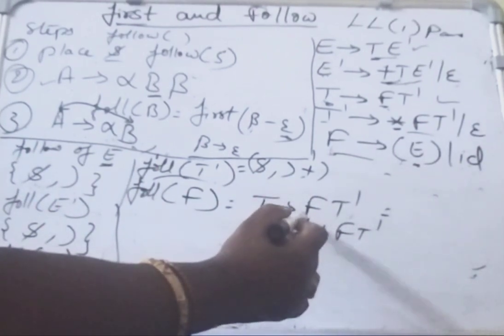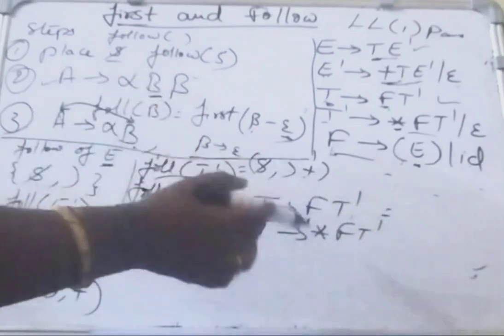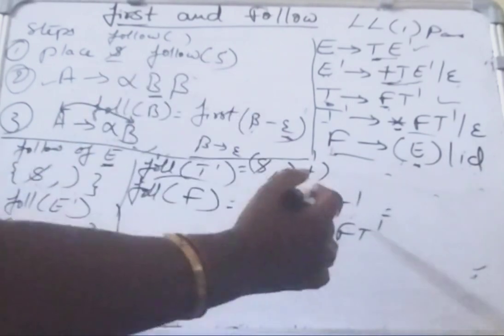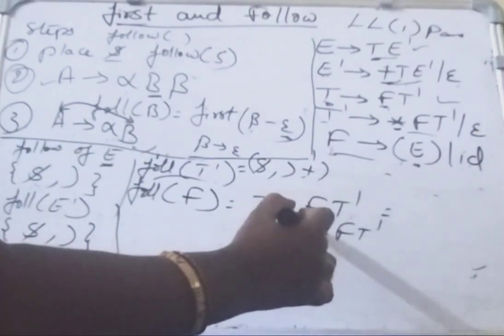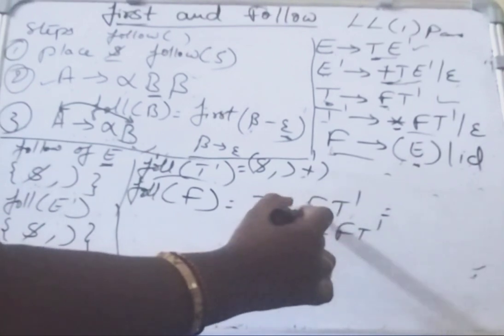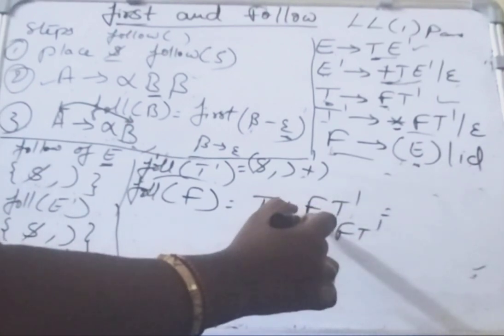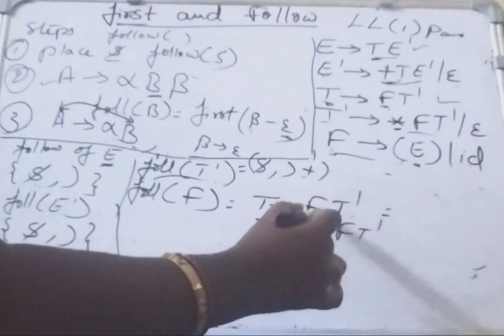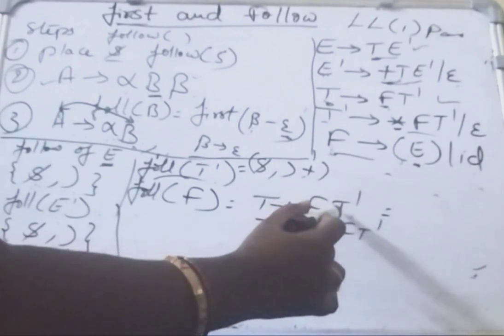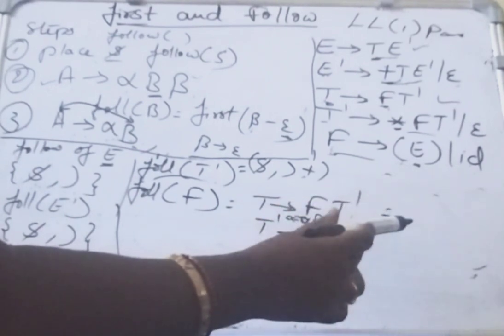Since I am finding follow of f, the production is of the form a derives alpha b beta. Here alpha is empty, alpha is equal to 0. And b means we have to put this f in b's position. In beta's place you have t dash. So follow of b is equal to first of t dash minus epsilon.